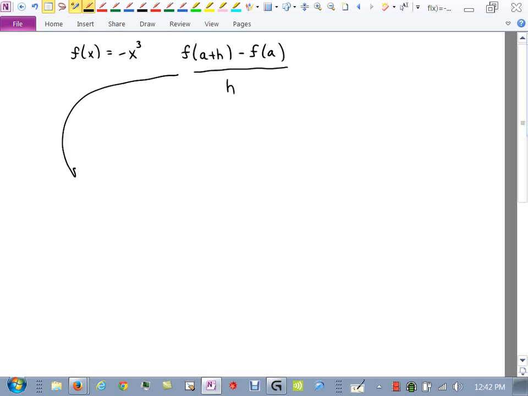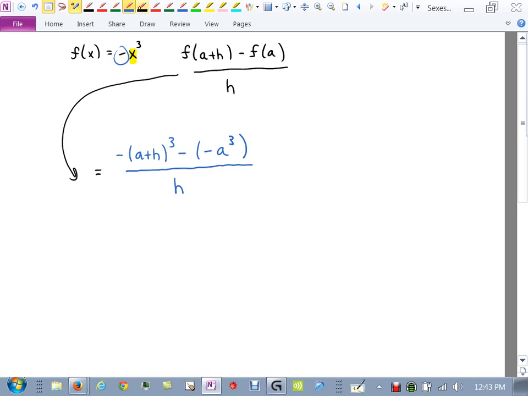Okay, this is going to be equal to f of a plus h. Well, that's what I get when I replace that x with a plus h. So I'll go negative, here comes my a plus h, and I'm cubing it, minus f of a, but f of a, be careful, we have a negative right here. F of a is going to be negative a cubed. Then all of this over h.